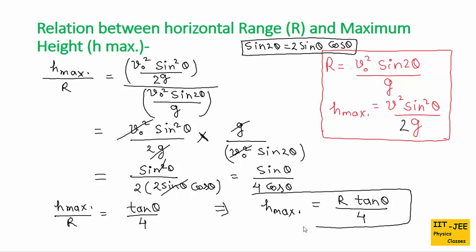So this is the relation between height maximum and range R. If range R is given and angle is also given, you can find height maximum using this equation directly. The same way, if you have to find range R, and maximum height and angle theta are given, you can also use this equation. I hope you understand this topic so far.